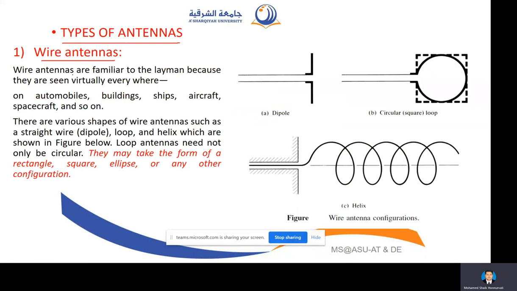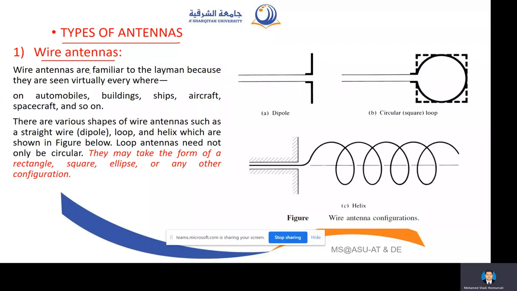Wire antennas are the very basic and familiar antennas. Maybe you can see them everywhere you travel, maybe at your home. Let's say you take the Wi-Fi router, it has a dipole antenna. You take any toy car, it has some antenna on top of it, which is again a type of wire.